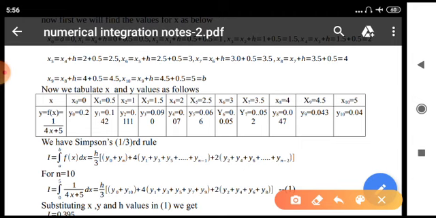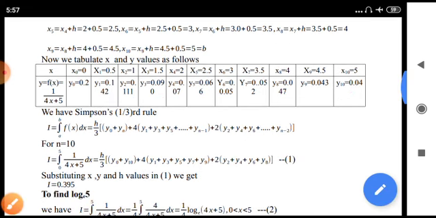When x is 0, we get y as 1 by 5, which is 0.2. Similarly, when we substitute x as 0.5, we get y as 0.142. So we will list out the values here. Finally, when x is 5, we get y as 0.04.